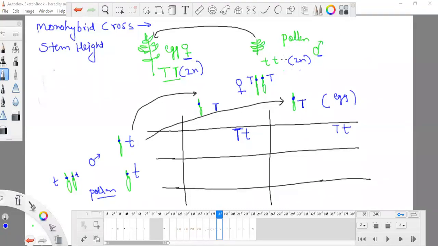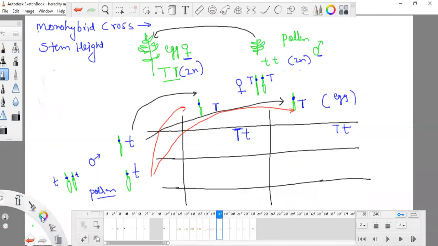This is a Punnett square. You can see that it is drawn in the form of a square. This shape is known as a Punnett square. I'm crossing this to this one, and again this to this one.